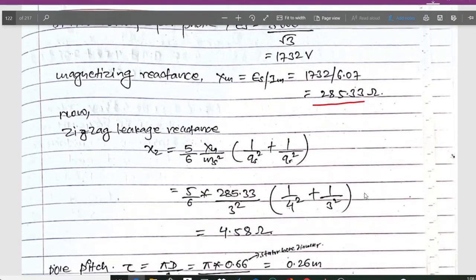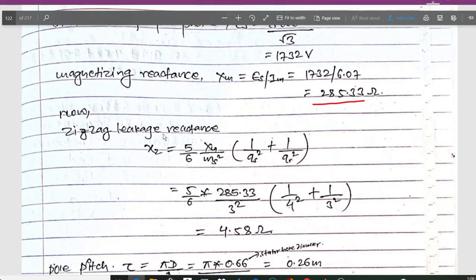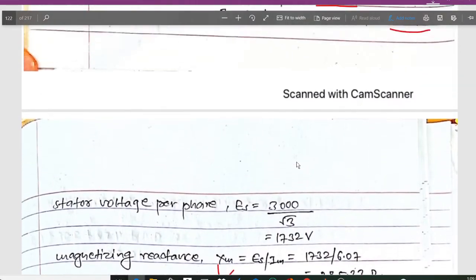Now the zigzag leakage reactance Xz is 5 upon 6 Xm upon ms square, into 1 upon Qs square plus 1 upon Qr square. We have obtained the value of Xm, ms is equal to 3 for three phase, and Qs and Qr were obtained in the first step.